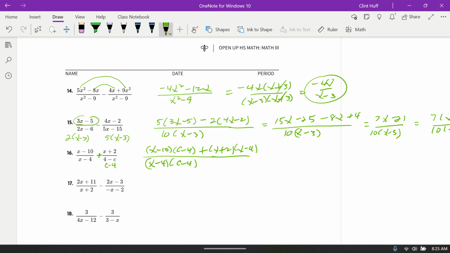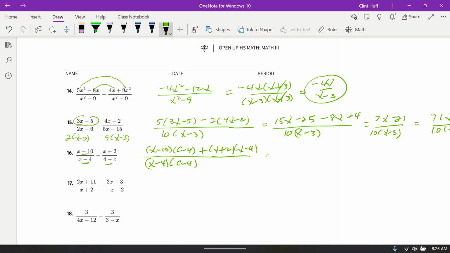So there's a little bit of a cross multiply feel on this. If I clean this back up, I've got x minus 10 times c minus 4, that's this phrase multiplied by that one. And then I've got x plus 2 times x minus 4, which is the denominator times the numerator.